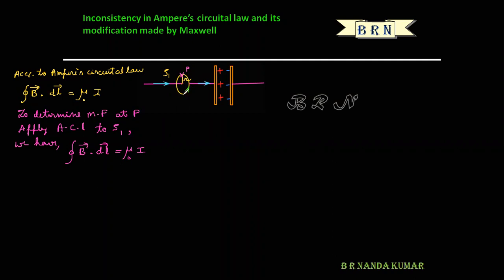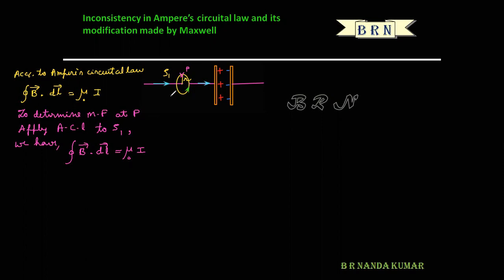By taking a tangent at that point, right? dl is the small length of the loop, so the dl vector is tangential to the circular path, and the B vector is also tangential to the circular path.